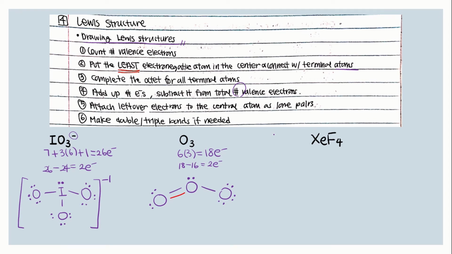For the last example, you have a little exception here. You first have to count the number of valence electrons. 4 times 7, 36 electrons in total. And you put the least electronegative atom here, and then fluorine as terminal atoms. Draw the octet for all terminal atoms.